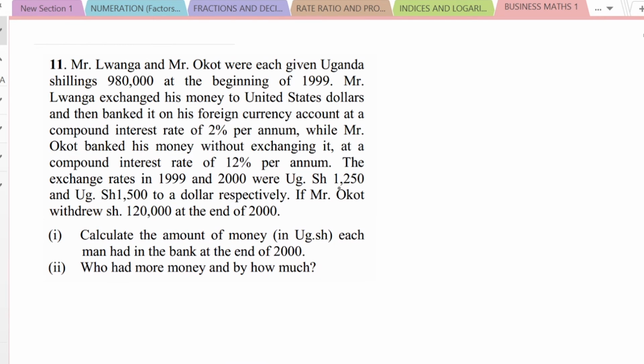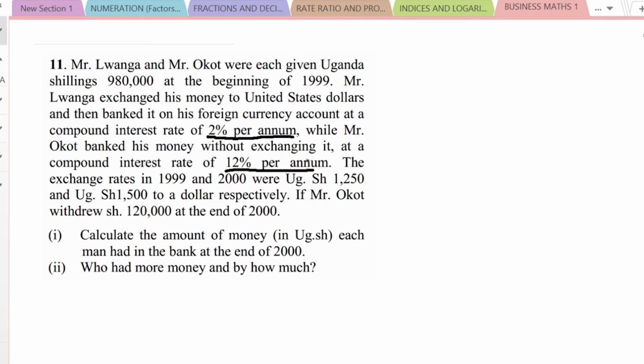Mr. Lwanga and Mr. Okot were each given Uganda shillings 980,000 at the beginning of 1999. Mr. Lwanga exchanged his money to United States dollars and then banked it on his foreign currency account at a compound interest of 2% per annum, while Mr. Okot banked his money without exchanging it at a compound interest of 12% per annum.